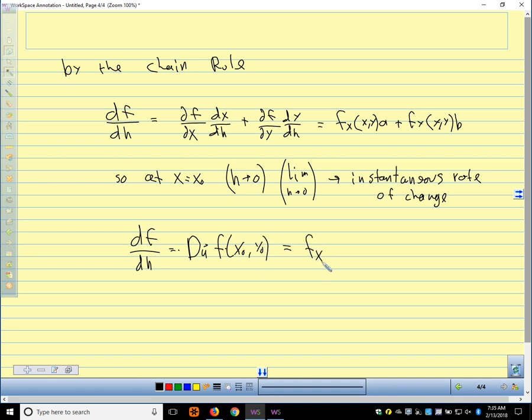It equals the partial of f with respect to x at x0, y0 times a plus the partial of f with respect to y at x0, y0 times b. This is how we will calculate the directional derivative.